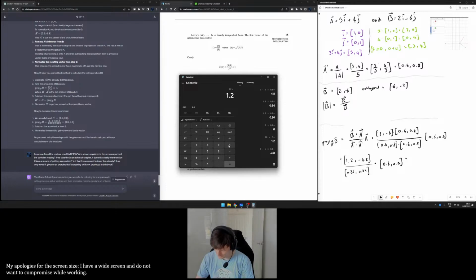1.2 times... well, let's divide. I don't think you can divide them, can you?